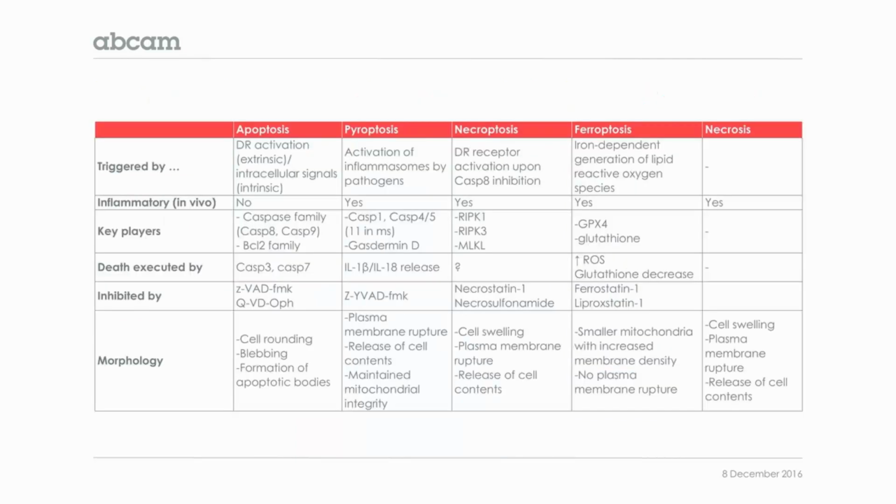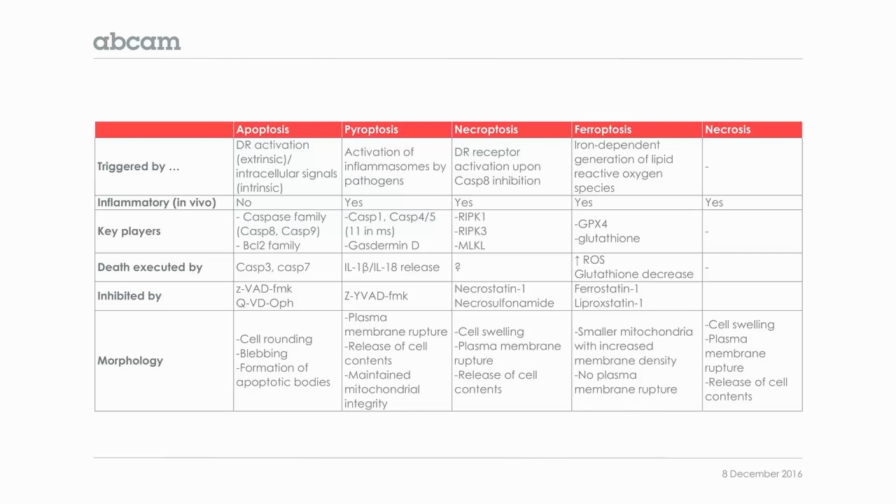In this table, we have tried to summarize the defining characteristics of each of the main cell death pathways that have been described to date. Apoptosis can be triggered by death receptor activation or intracellular signals, whereas pyroptosis is triggered by pathogens activating the inflammasomes.